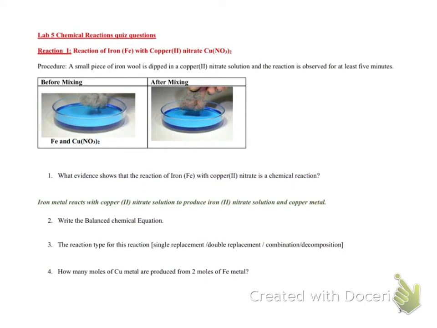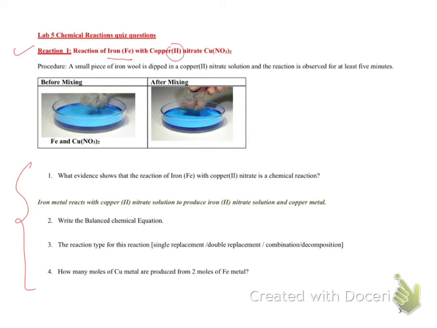here is your lab 5 quiz. These are the first 4 questions of your lab 5 chemical reaction quiz. So the first reaction you are observing is the reaction of iron with copper nitrate, copper 2 nitrate.